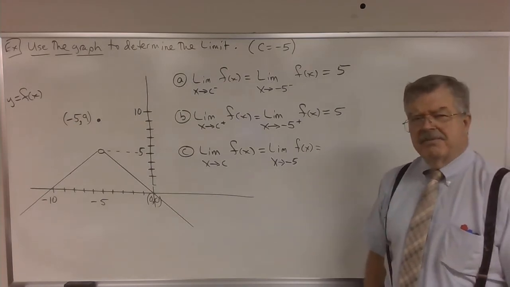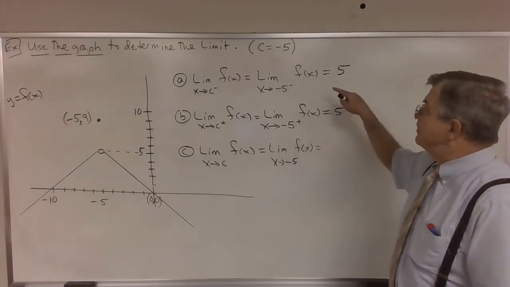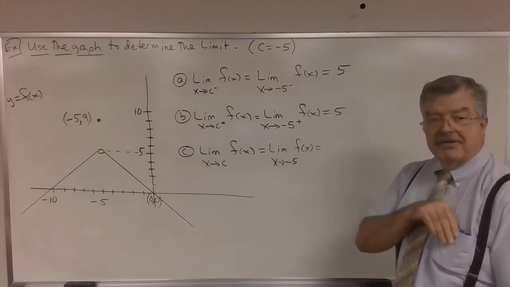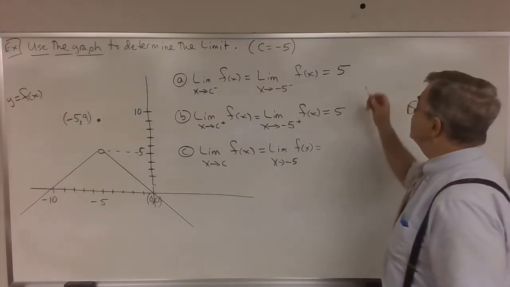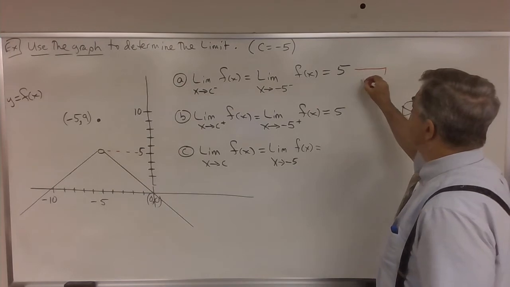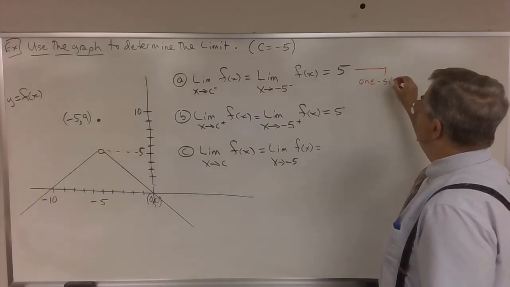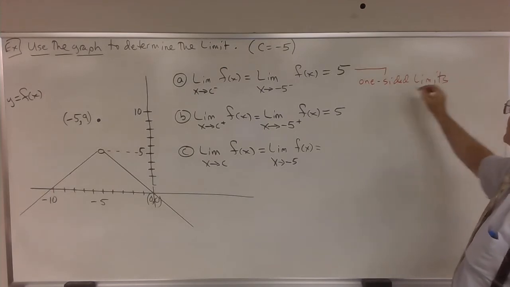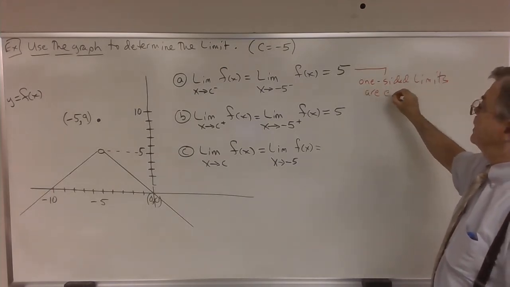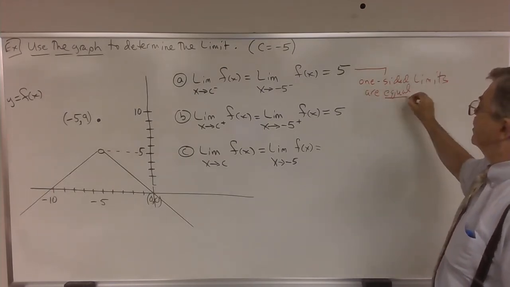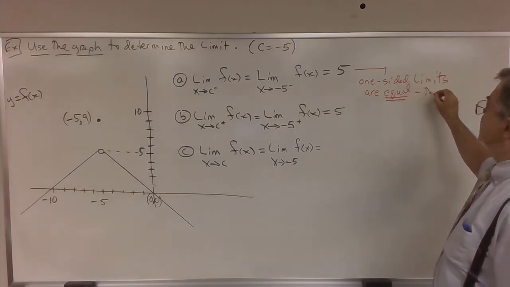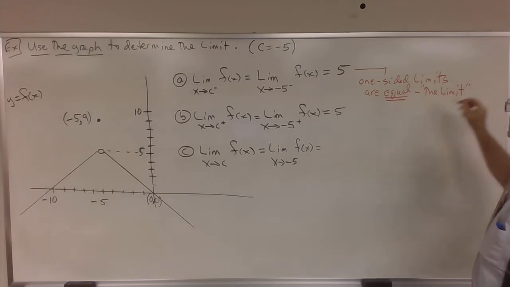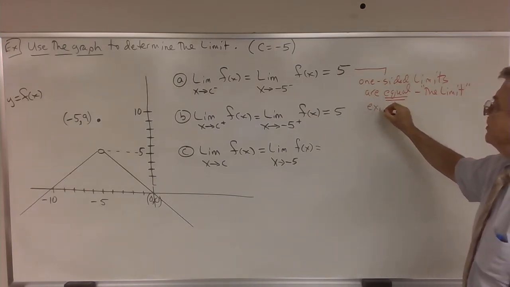Isn't it true that if the two one-sided limits are equal, which they are in this case, and let's note that, this is important, one-sided limits are equal. So that means the limit exists.